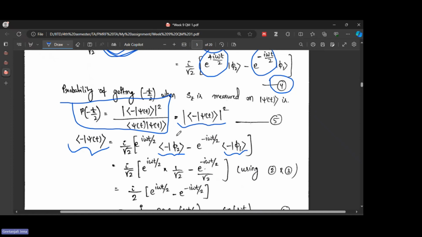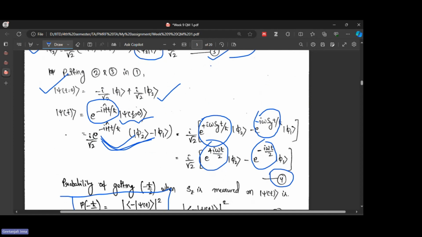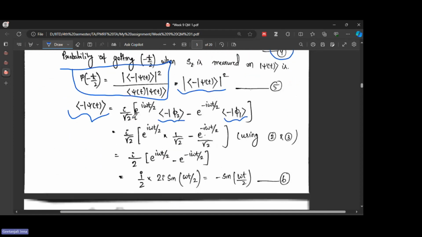If you use equations 2 and 3, you will see the inner product of the minus state with phi 2 is 1 by root 2. Similarly, the inner product of the minus state with phi 1 is 1 by root 2.